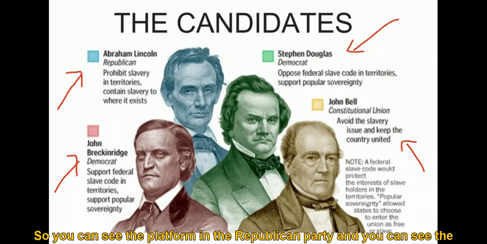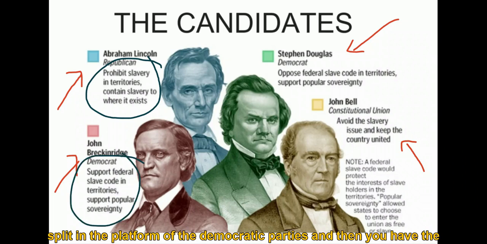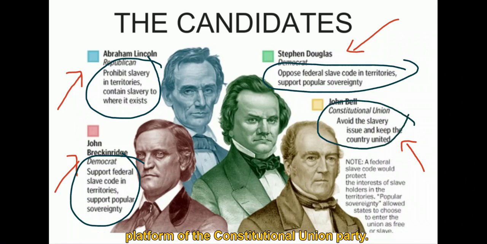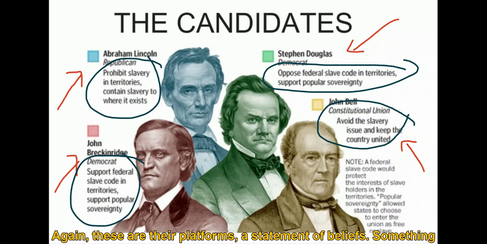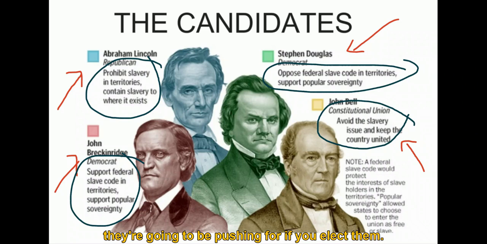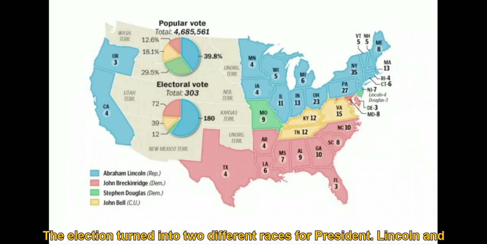So you can see the platform in the Republican Party, and you can see the split in the platform of the Democratic parties. And then you have the platform of the Constitutional Union Party. Okay, again, these are their platforms, a statement of beliefs, something that they're going to be pushing for if you elect them.